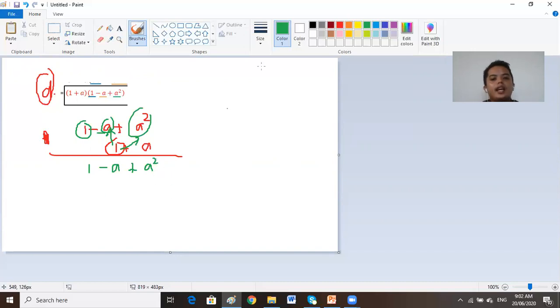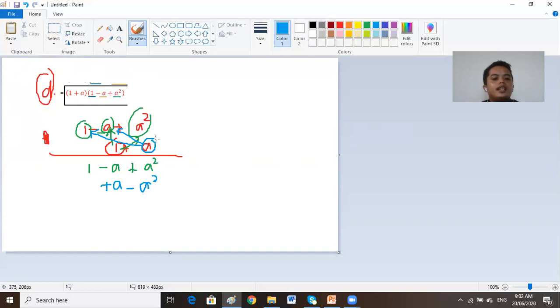So same with a here. You multiply it to this one: a times 1 is positive a. a times negative a is negative a squared.